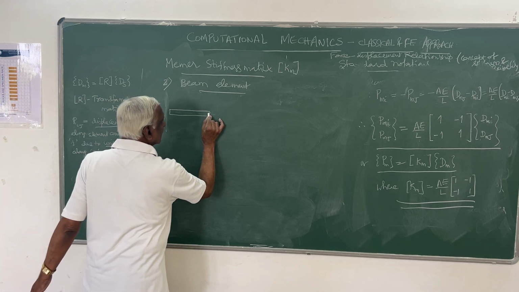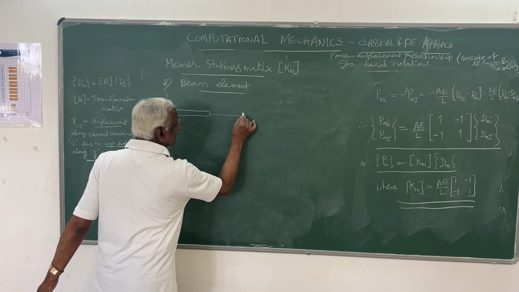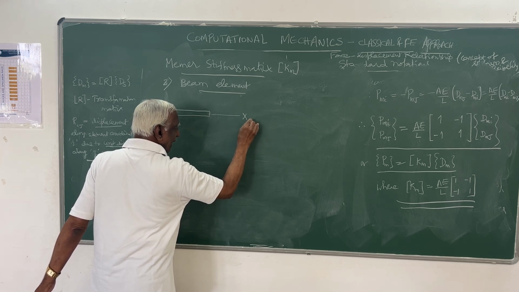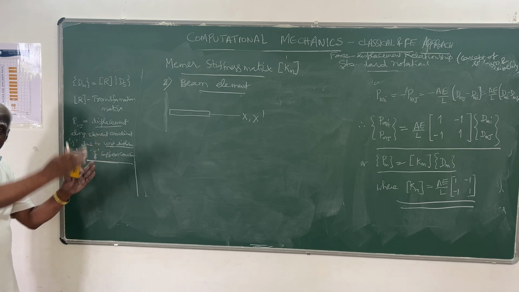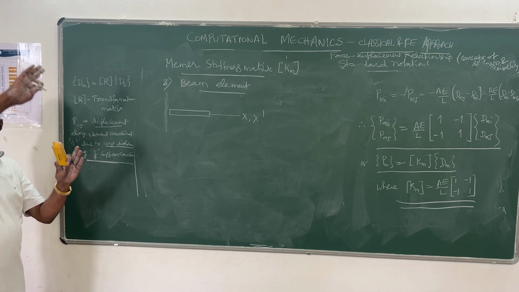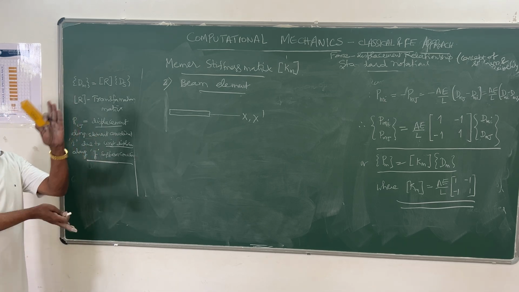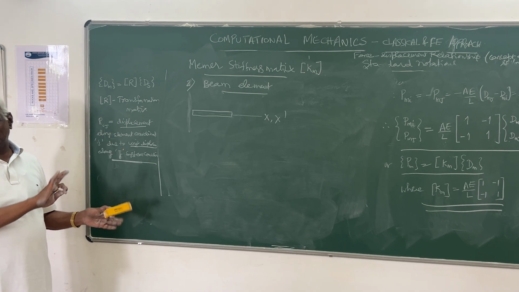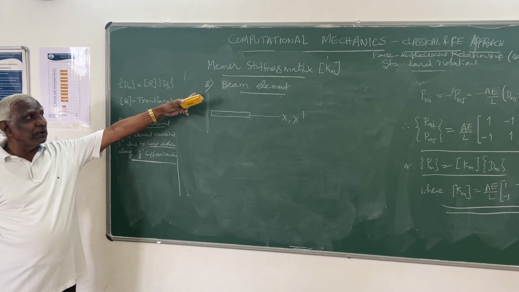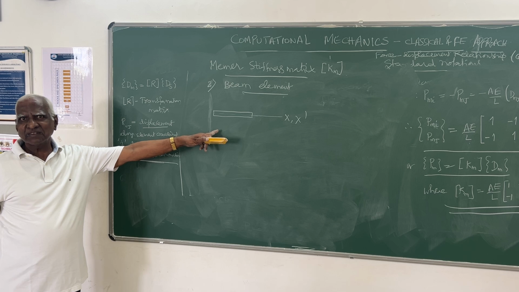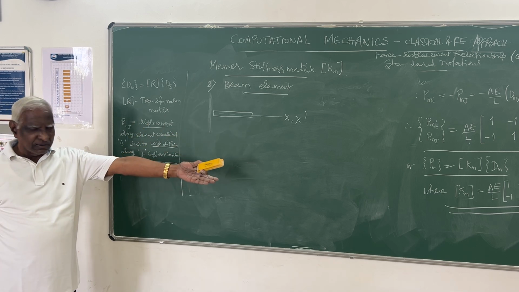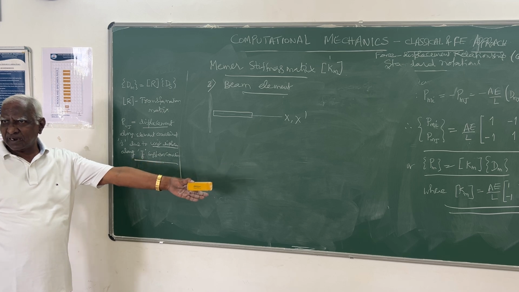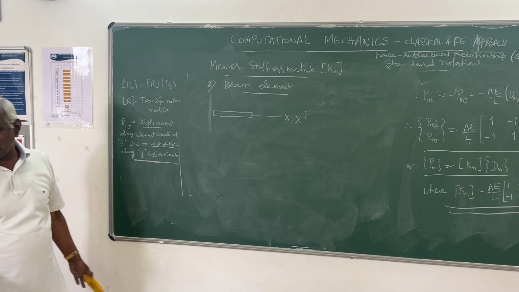So if you take a beam element, this is your x as well as x dash. But if the beam is inclined, like a rigid frame, either vertical or this, then it is different. Now I take for beam, I am defining, it is only horizontal. So whatever element stiffness matrix, it will be global also.